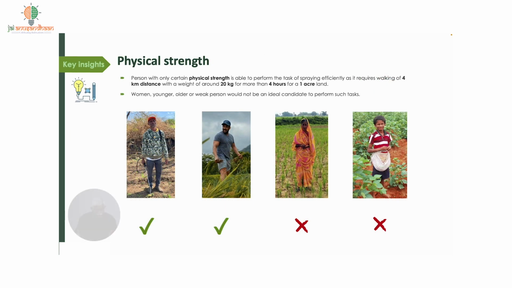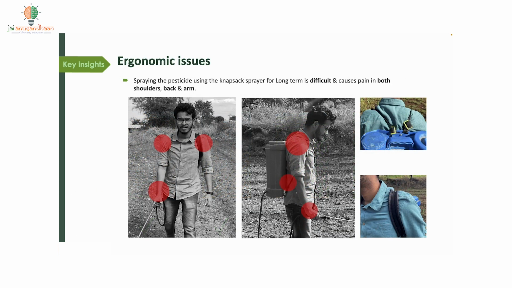There are also things like physical strength, for example, so it means that you need to be an able person to do it. Others cannot actually make use of it. So these were all his findings, and he also located where actually the pain points are. There's pain both in the shoulders, back and arms.